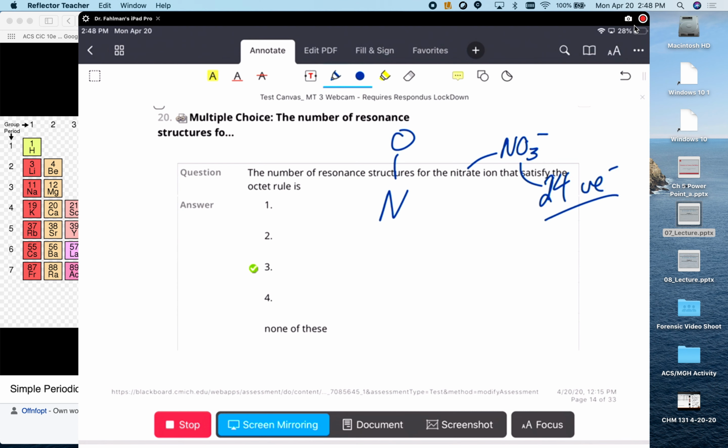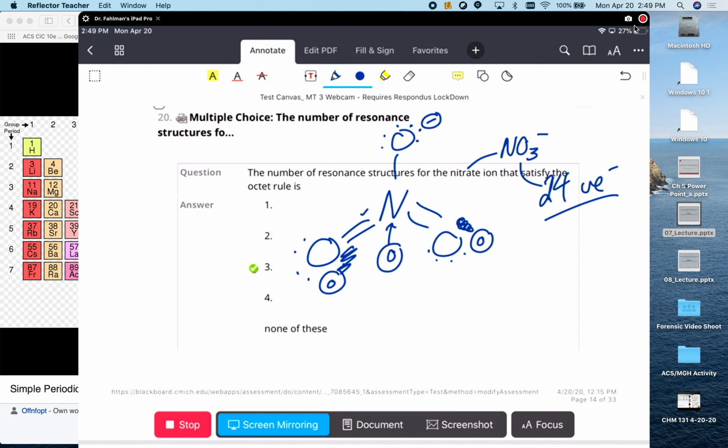You can draw it like this, and place 24 electrons. Then you notice nitrogen doesn't have an octet, so you can do that. As far as formal charges, you can do a little bit better and maybe do that. Now the formal charge of that one is 0, that one's 0, that one is minus, and this is also 0. 5 minus 5 bonds.